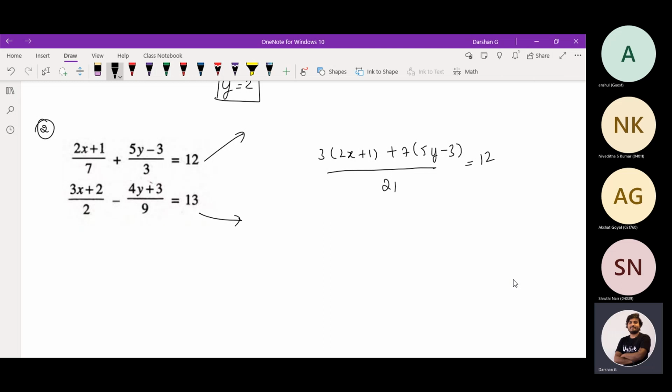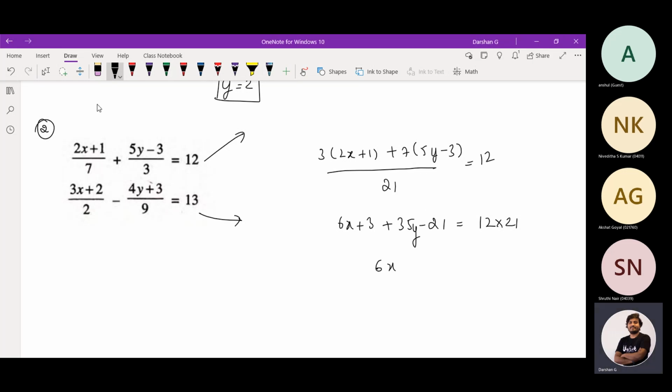Okay, so let us try and get the equation because that is where we might go wrong. 6x plus 3, plus 35y minus 21 equals 12 into 21. So this is y. Yeah, so 12 into 21 is 252.